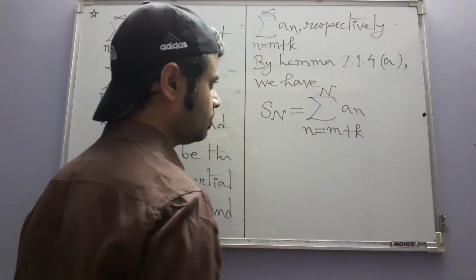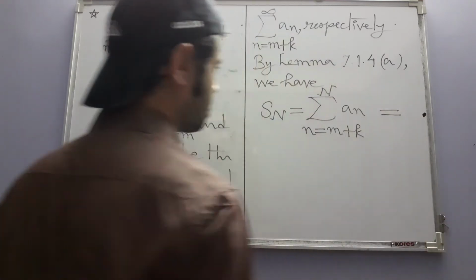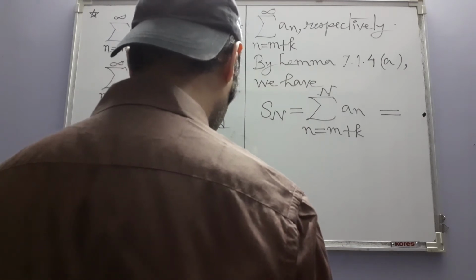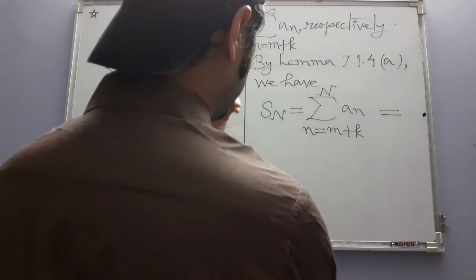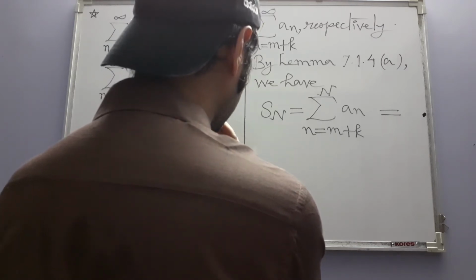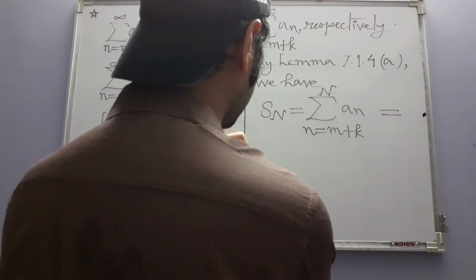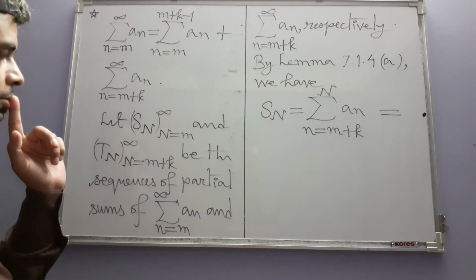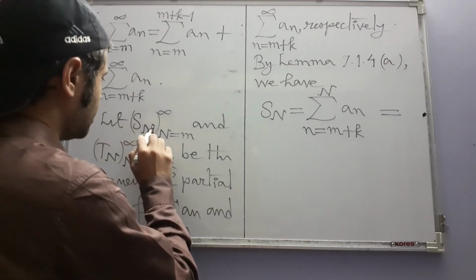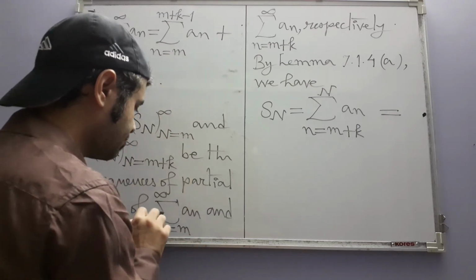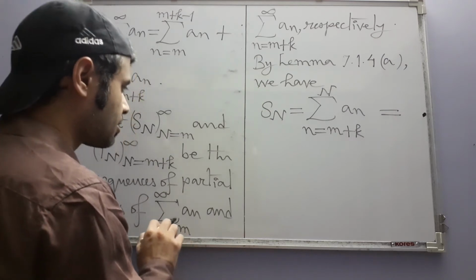This is equal to, something is wrong here. What I have written here is not true. That is because in writing these partial sums, we are considering the partial sums of this series where the index starts from m.